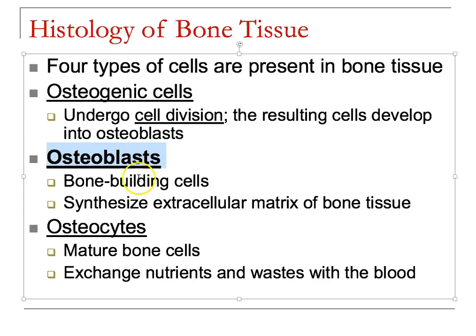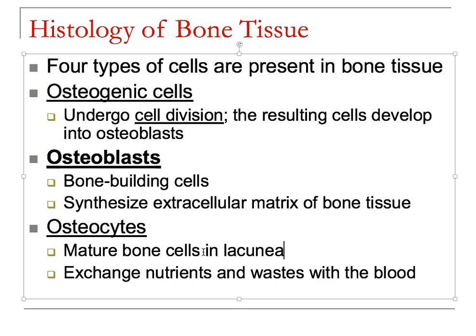What happens is the osteoblasts literally trap themselves inside of a lacuna, and we call these now mature bone cells, or osteocytes, in lacunae.